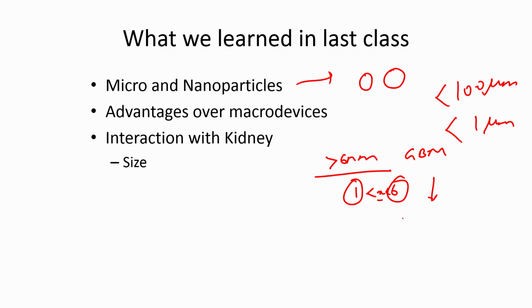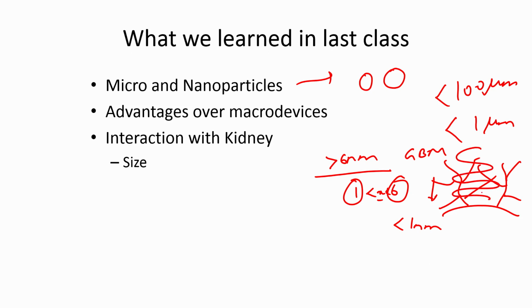But once you go below 1 nanometer, the glycocalyx of the surrounding cells will start interacting with the particles, and this will prevent the faster clearance. They will have a much more tortuous route through this glycocalyx. So, these were some of the things we discussed with respect to the kidney.